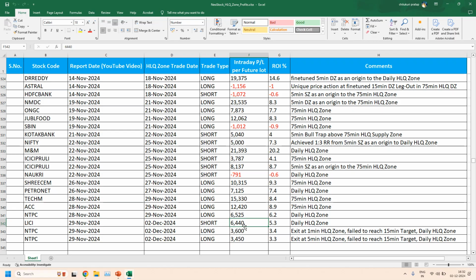So when you are able to do such kind of things, many stocks, such kind of trades you will be getting. So that's the reason why learning the concepts is very important to get the money. Without learning, you won't get the money.